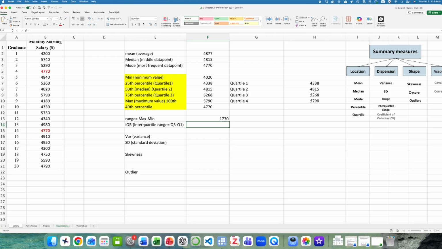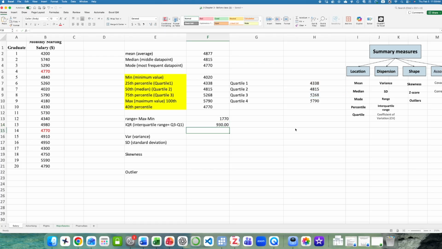We have the interquartile range, which equals quartile 3 minus quartile 1. Basically, I want to know what is the interval between Q3 and Q1. We already calculated it, so we can use numbers here, or you can directly use the quartile function.